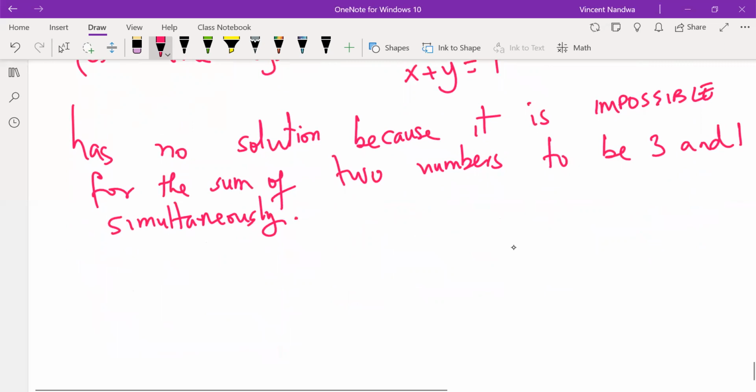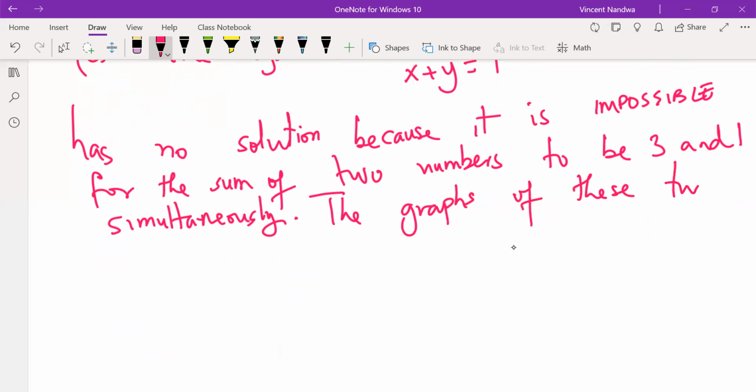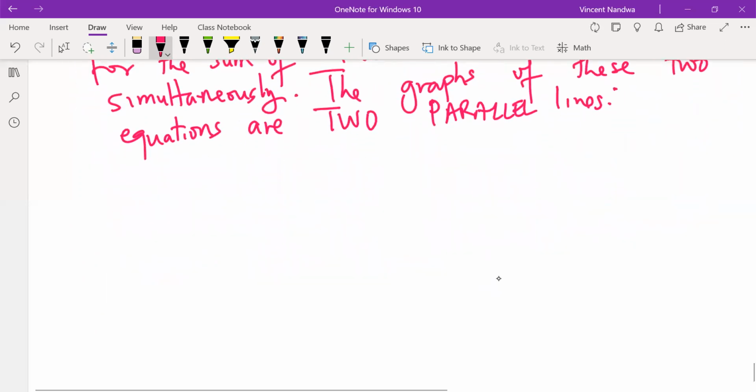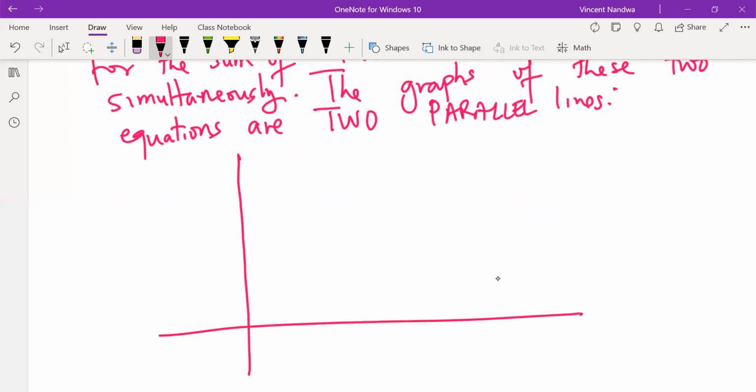So if we draw the graphs of these two equations, they are two parallel lines. This is our y-axis, this is our x-axis.